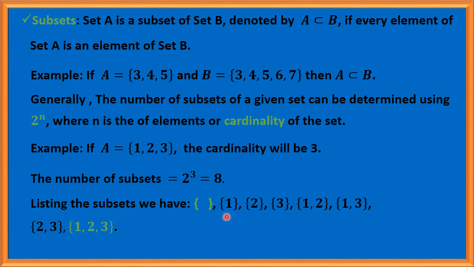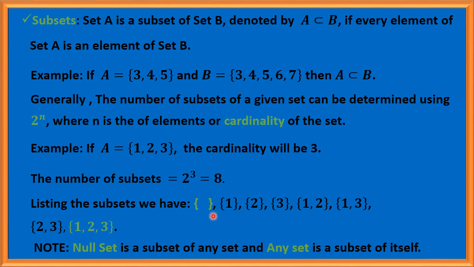So we have 1, 2, 3, 4, 5, 6, 7, 8 subsets. We have to take note that the null set and the set itself are also part of the subsets when you are listing them.